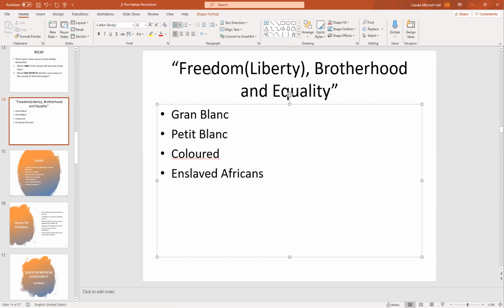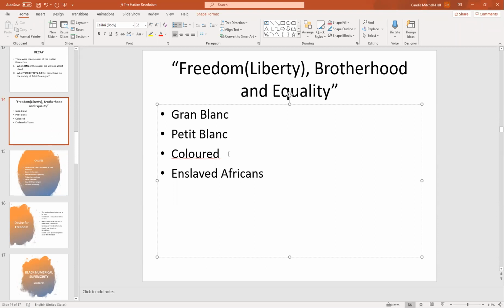So they wanted freedom from France, meaning they wanted to govern themselves. What about the Petit Blancs? They wanted the same rights as who? The rich whites. Yes, they wanted some of the same rights as the Grand Blancs.